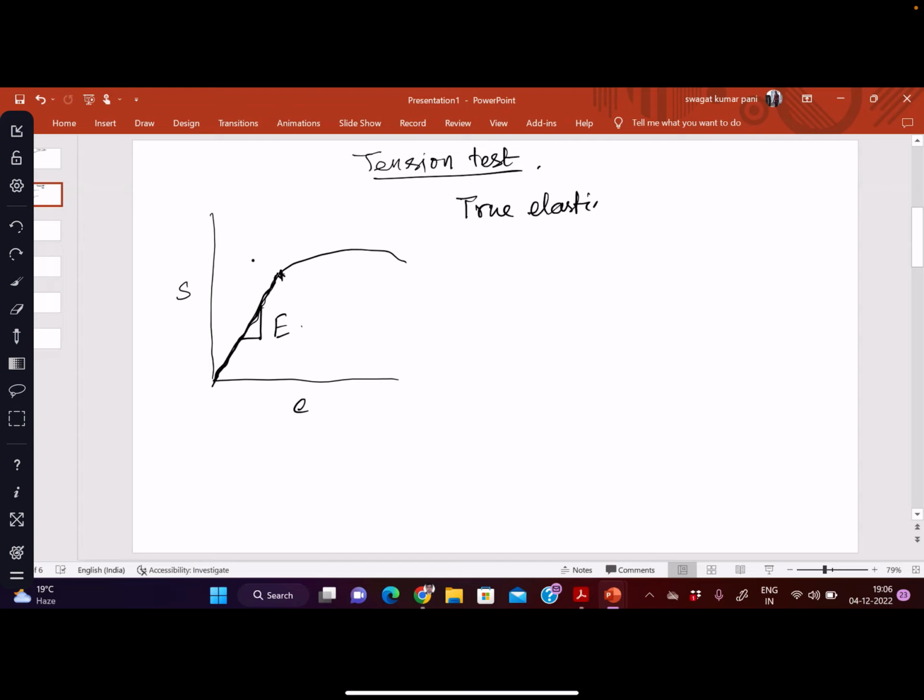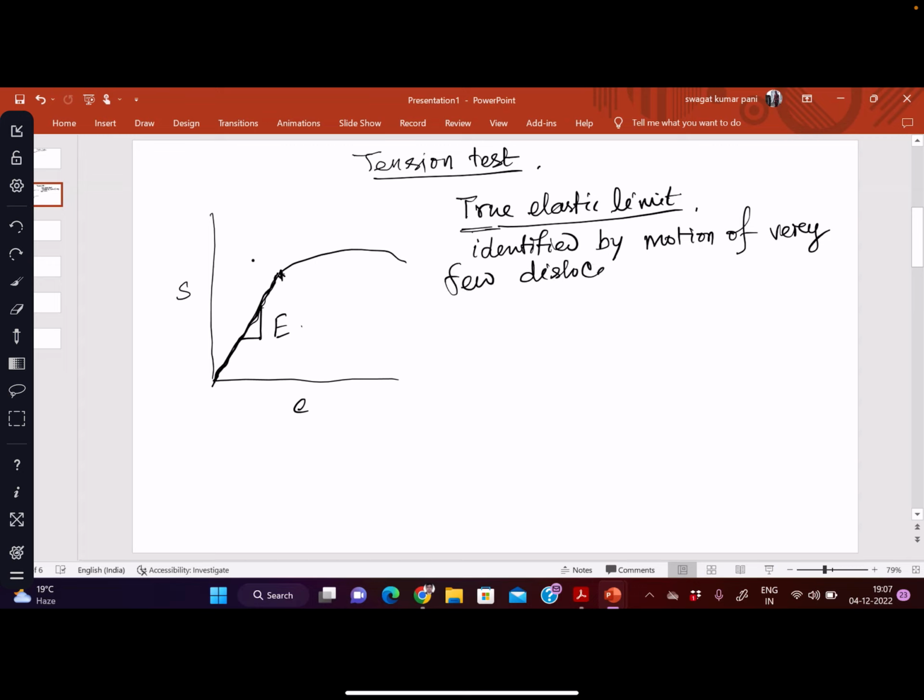Like true elastic limit. So what is this? This is basically identified by motion of very few dislocations, like 100 or 200 dislocations.